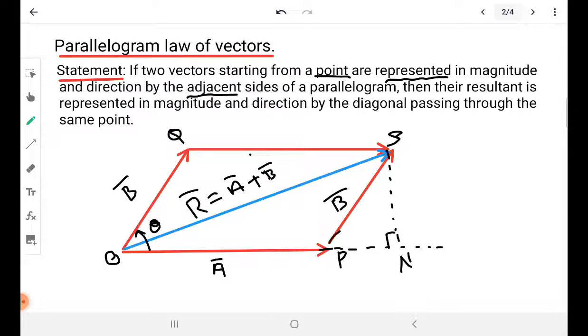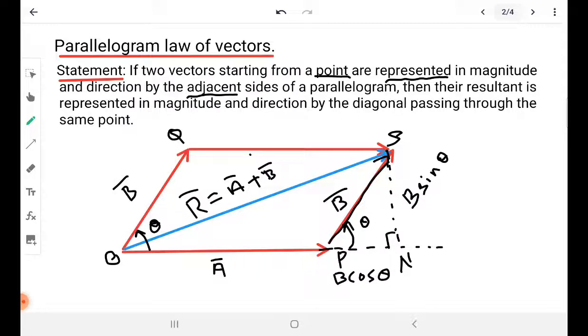So here B bar is a vector which makes an angle theta with horizontal. Therefore, the value of PN becomes B cos theta. I can say that the component of the vector B bar along the direction PN is B cos theta, and the component of B bar along SN is B sin theta. So the value of SN is B sin theta.